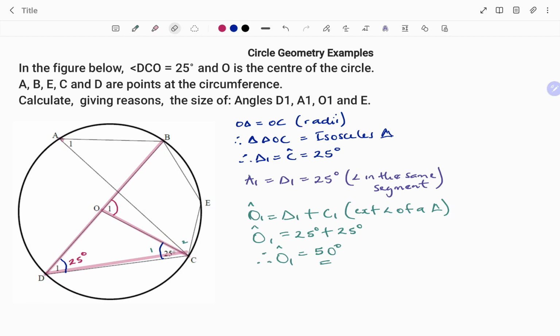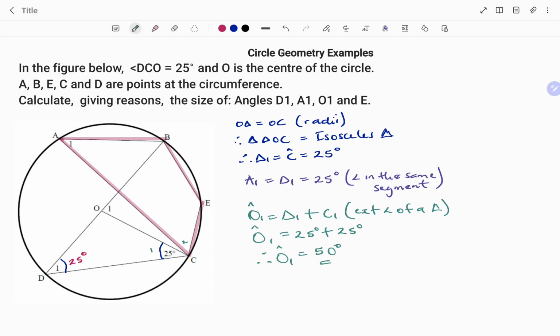To calculate my last angle, I'm going to take out the lines. You observe that I have a cyclic quad, that's ABCE. Note that all the corners of my cyclic quad are touching the circumference of the circle. And the circle theorem states that the opposite angles of a cyclic quad are supplementary, or they add up to 180 degrees.